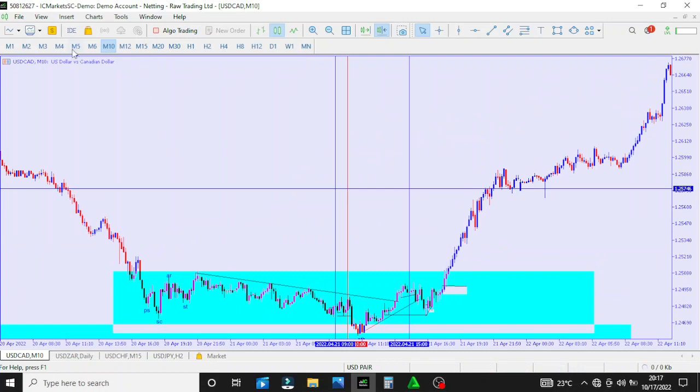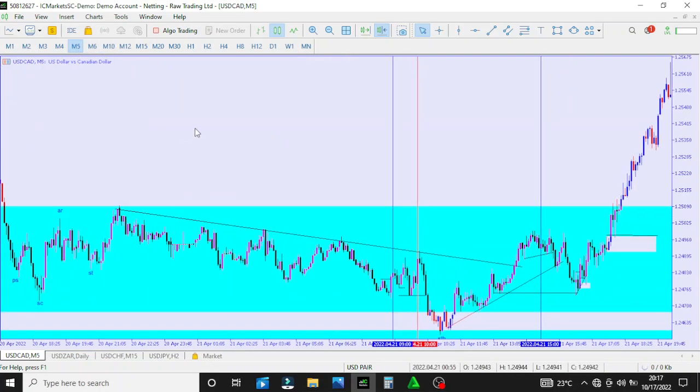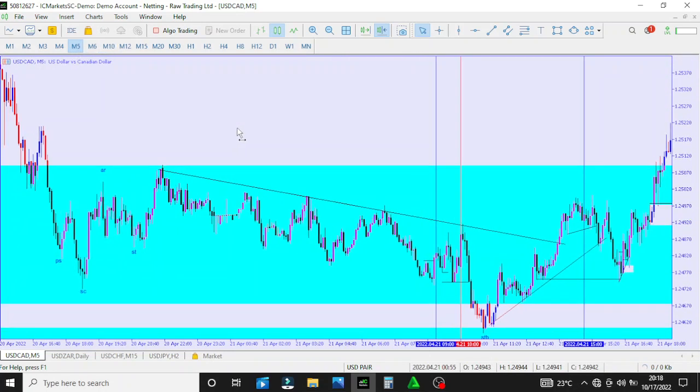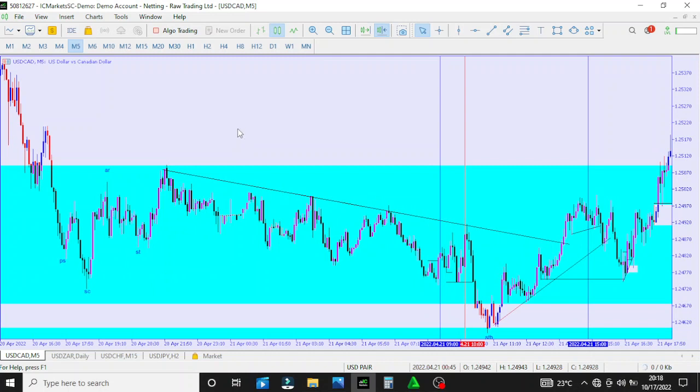Guys, time and price. And during session price action, the spread is very, very tiny. The spread is very thin, and the price action happens smoothly.